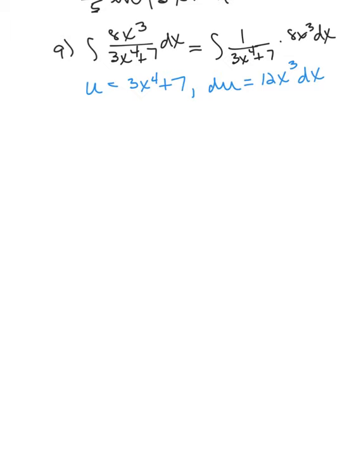And when we look at our problem, we don't have a 12 with our x cubed dx. We have an 8. So that item that we don't want there, that 8, we're going to pull it all the way out front, just like we learned before. We're going to leave our fraction alone as 1 over 3x to the 4th plus 7.